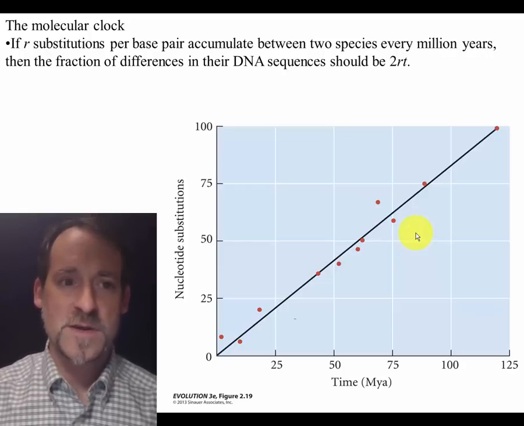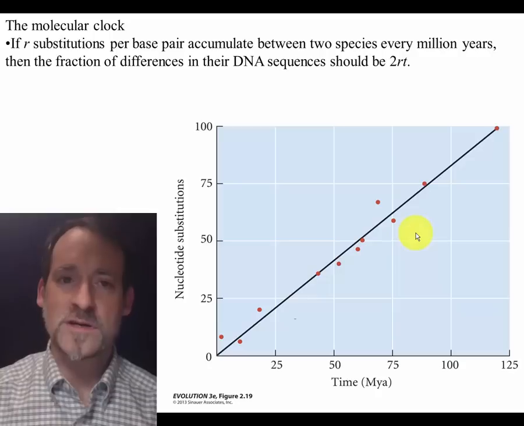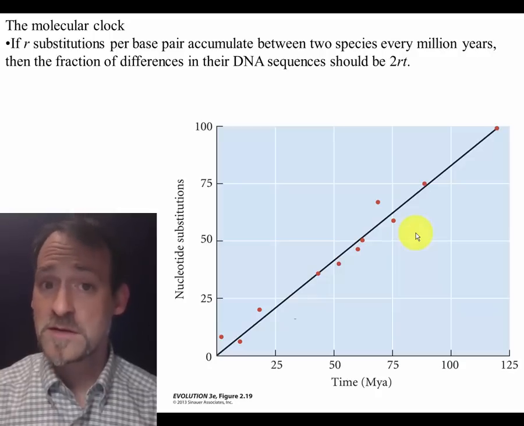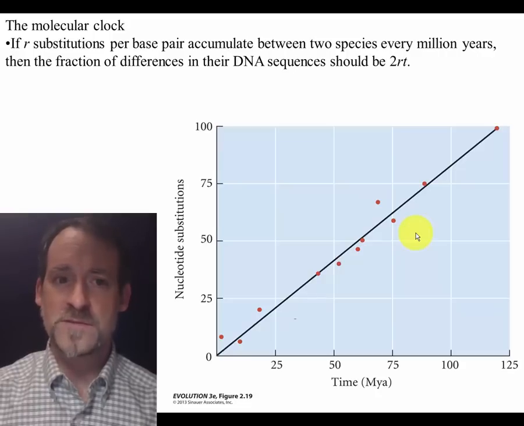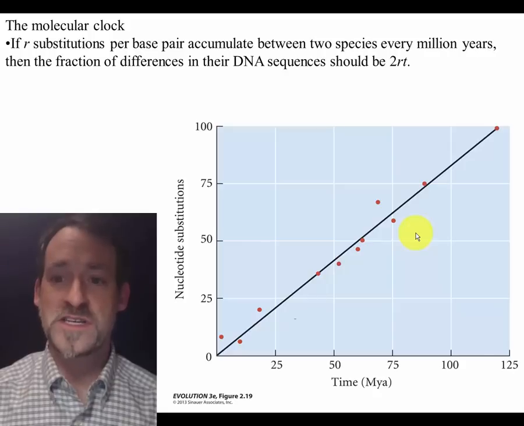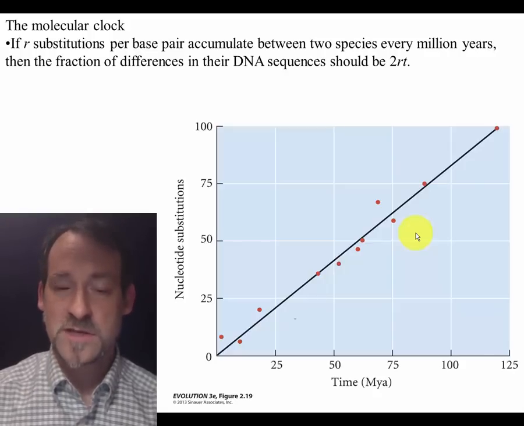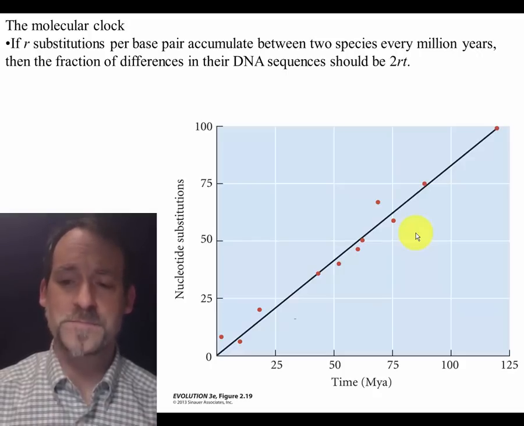Specifically, if some number R is the number of substitutions per base pair that accumulate between two species every million years, then the fraction of differences in their DNA sequences should be 2RT, where T is the number of millions of years since those species diverged.